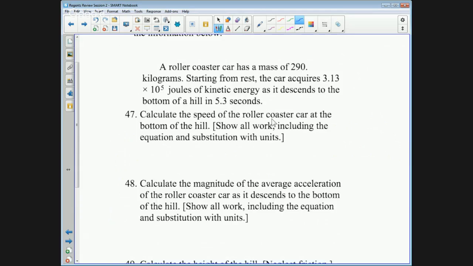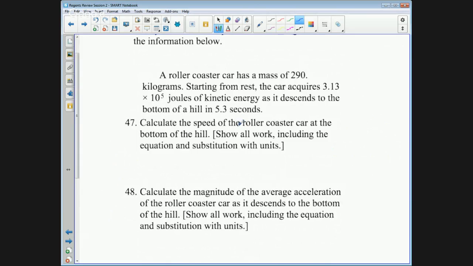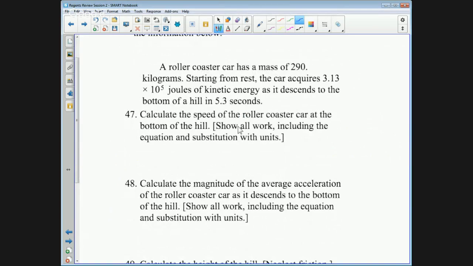Okay. So this is the short answer questions. A roller coaster car has a mass of 290 kilograms. Starting from rest, the car acquires 3.13 times 10 to the 5 joules of kinetic energy as it descends to the bottom of the hill in 5.3 seconds. Calculate the speed of the roller coaster car at the bottom of the hill. Okay, I'm going to write out my variables.